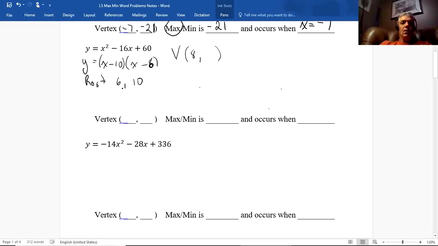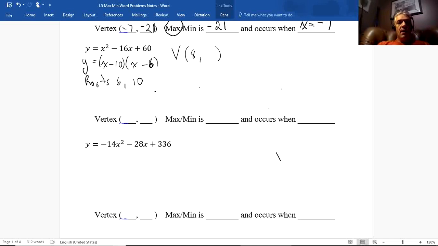How do I get 8? Well, I can see that halfway between 6 and 10 is 8. Or I can add 6 and 10 together, get 16, divide by 2, that gives me 8. Either way, you can work that out in your head. If the roots are 6 and 10, then halfway between them is what I'm looking for.